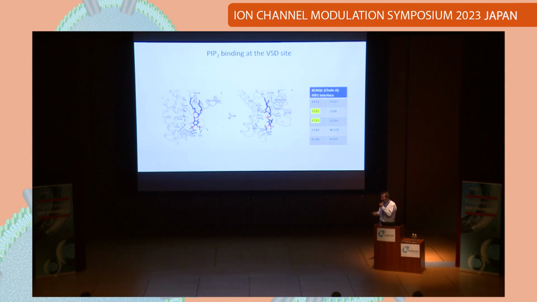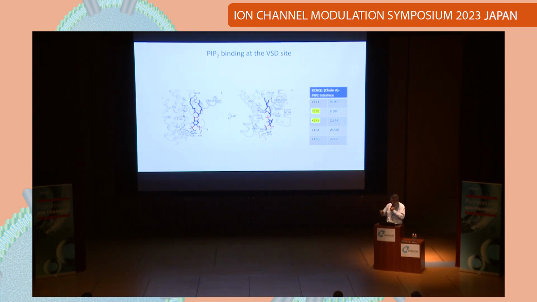Okay, then also, if you remember, Rademacher found that the straight conformation is in the presence of PIP2. So the PIP2 is bound in the voltage sensor, and here we found that those are the residues that will interact with this PIP2. So what does PIP2 do for that transition from the I to A state?